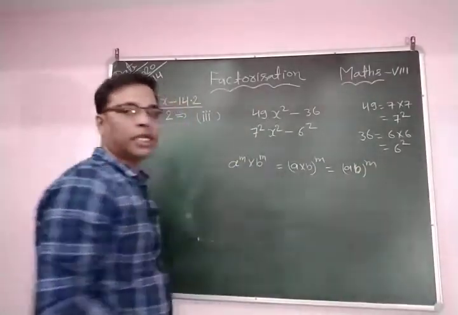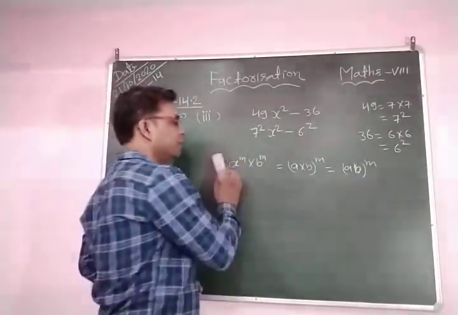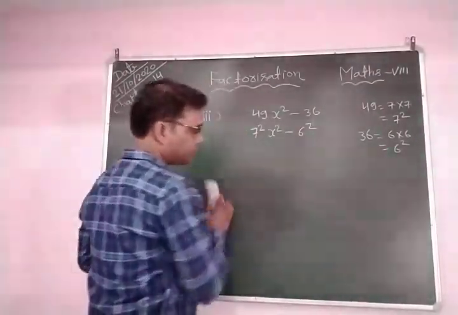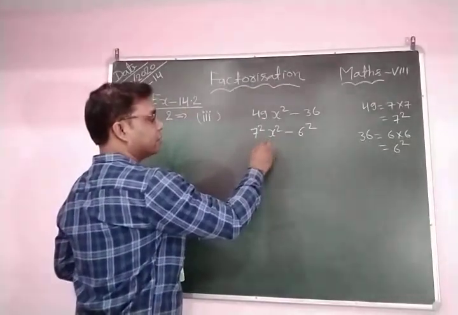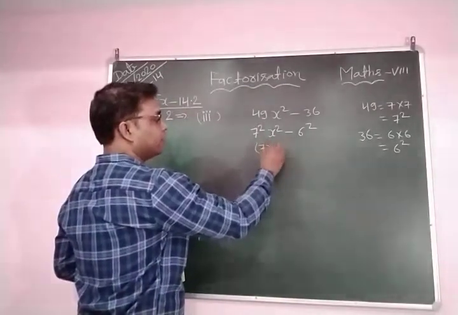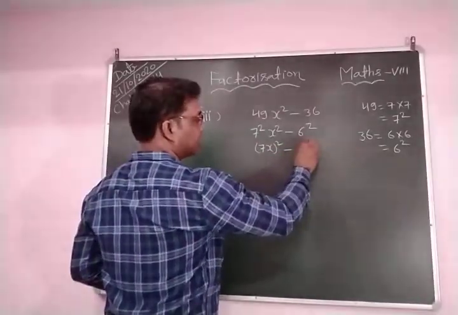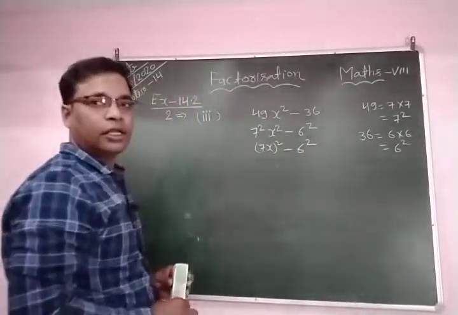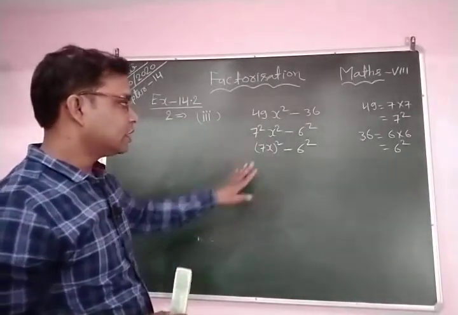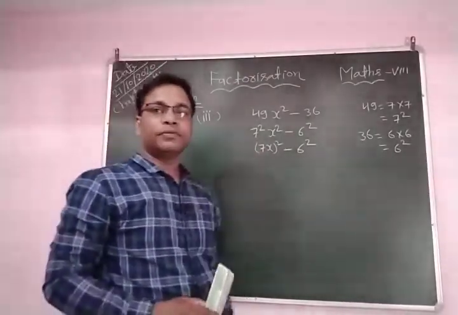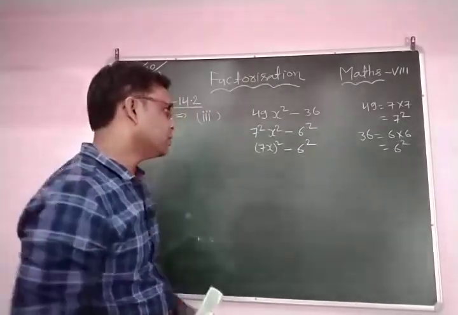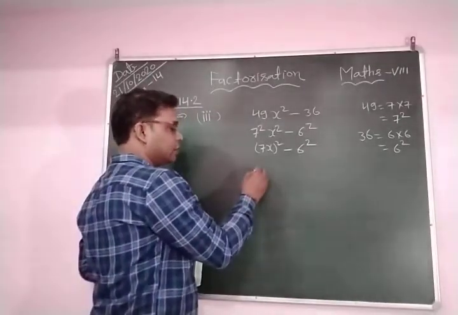So according to this law of exponent, we can write here (7x) whole square minus 6 square. Clear? So you can see this is the form of difference of two squares. So this is the third identity.